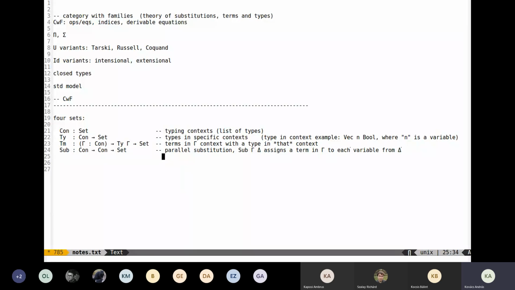So this can be viewed as a list of terms, such that we have one entry for each entry in delta.